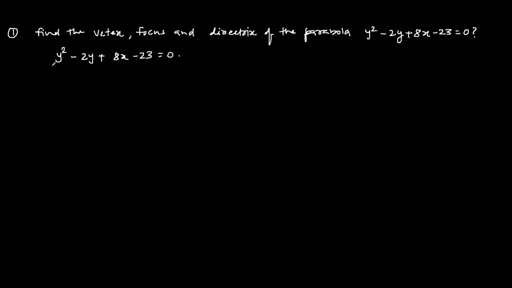Let's simplify this equation first. This is y square minus 2 into 1 into y plus 8x minus 23. Now we have to convert this into a complete square. For that purpose, let us add 1 square and subtract 1 square.